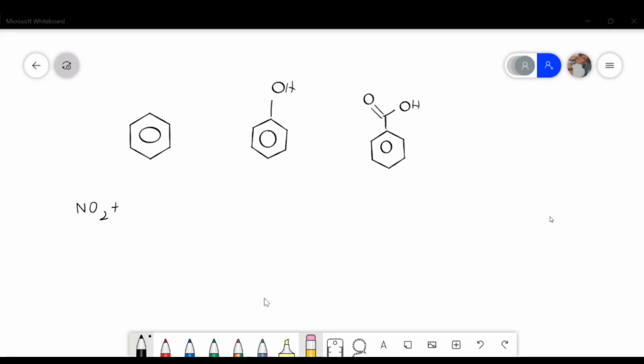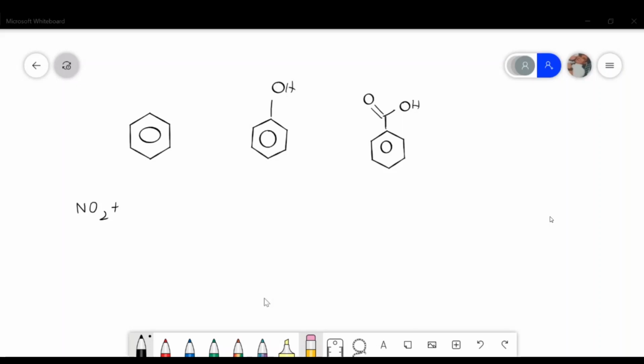If I compare it with something more reactive, like a phenol ring, the temperature has to go down, so you can use something like 25 degrees Celsius or room temperature. And if you use benzoic acid for nitration, because your benzene ring is less reactive with an electron withdrawing group, we need to increase the temperature, so maybe something like 90 to 100. That's one of the ways you can save yourself if you forget the different conditions in reactants.